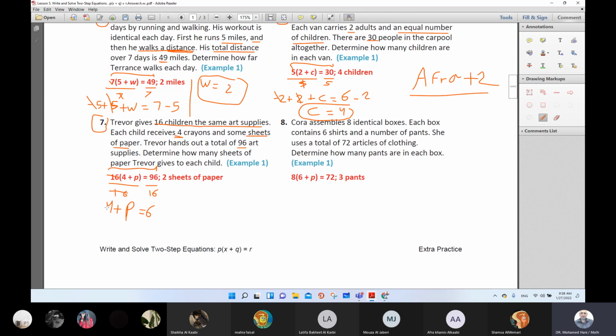So we want to remove 4 from this side, so you can add the inverse of 4, negative 4, to the two sides. Negative 4 plus 4, 0, remains here B, equal 6 minus 4 will be 2.